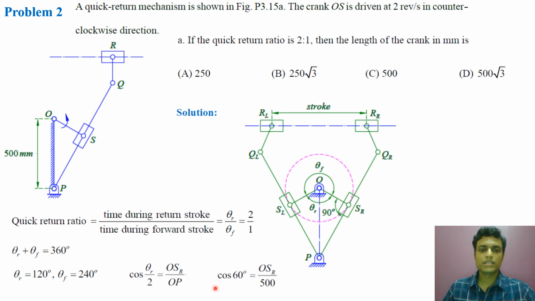So cos 60 is half. So OSR is nothing but the link length OS, because subscript R denotes the rightmost position. So OSR is equal to crank length OS, which is equal to 250 mm. So we have solved this problem. Option A is correct, and we have completed our lecture here.